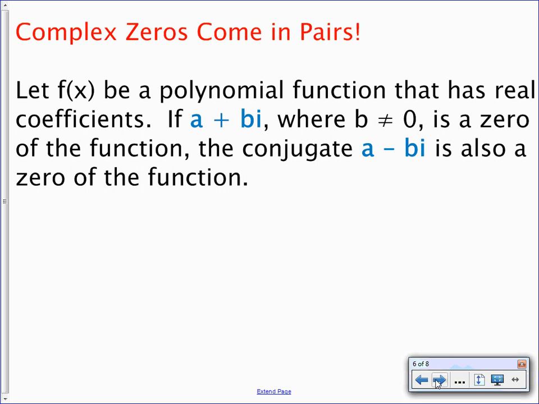There will always be 2 of them, and they will be conjugates. If you think back to those problems you did in your homework with the quadratic formula, like this one on the board, it's a conjugate pair, right? Always going to happen like that.